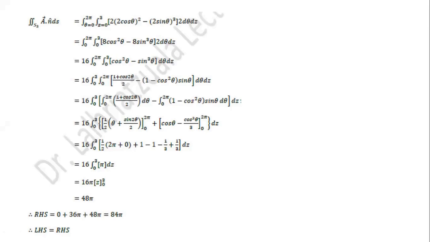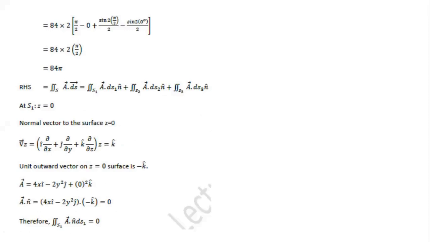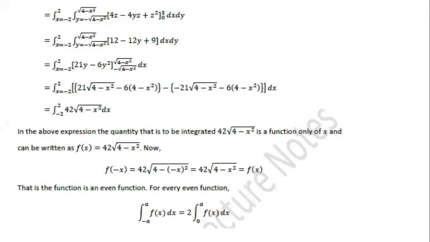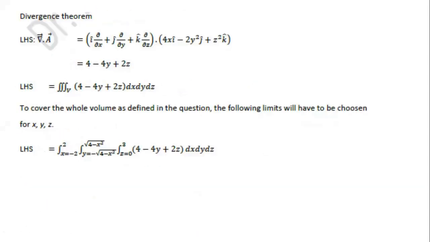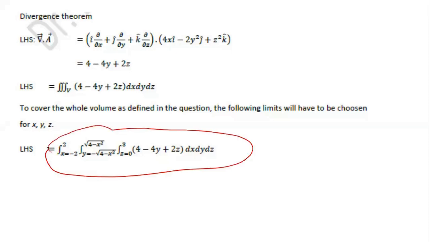Regarding the topic we covered last night, one of you was asking me a question regarding the limit of the integration here. Over here, we integrate y from minus square root of 4 minus x squared to plus square root of 4 minus x squared.